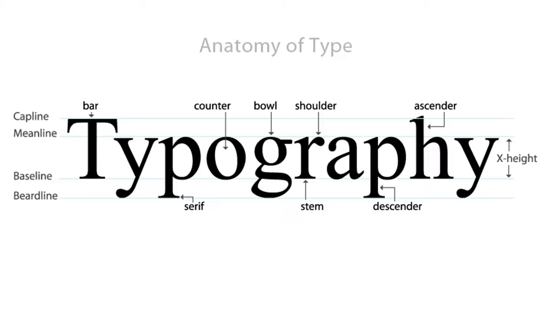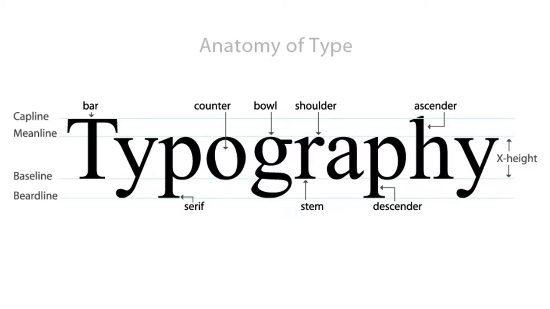Now, x-height is the height that we refer to for a particular typography. An x-height is how tall the characters are. And we have ascenders, which are things that stick out on the top. For example, the character H in typography has an ascender because it goes beyond the rest of the characters.